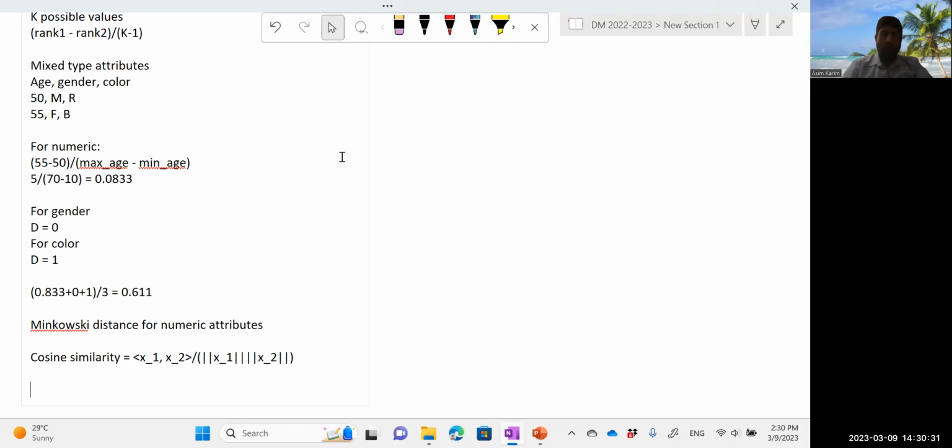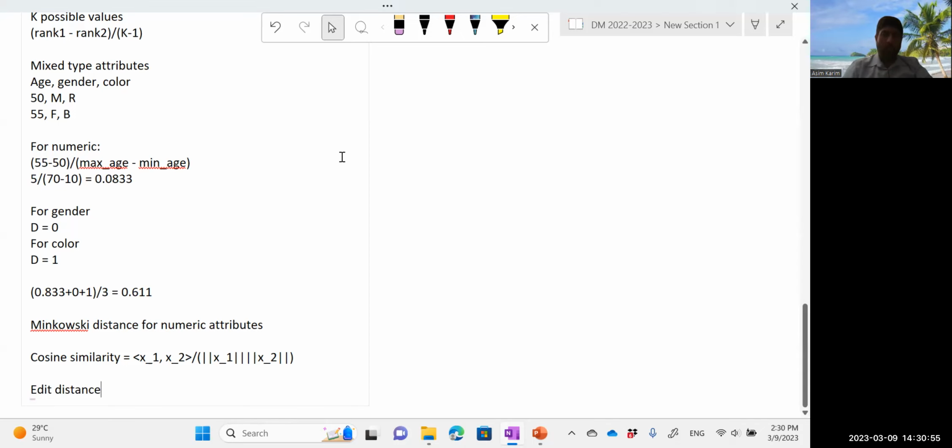So there may be other similarity measures as well. You can use any that is appropriate for your problem. For example, let's say you're doing string clustering, character clustering, so you can use the edit distance.